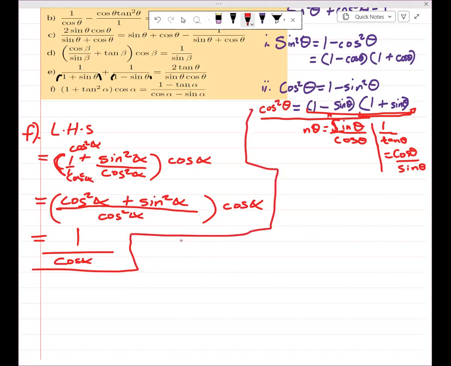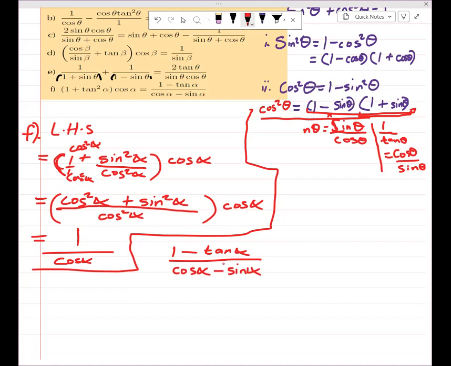So the right-hand side, we have, let me just write it here, 1 minus tan alpha over cos alpha minus sine alpha. All right.